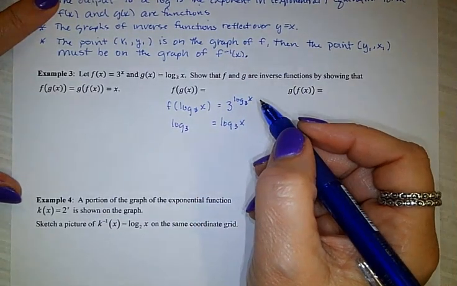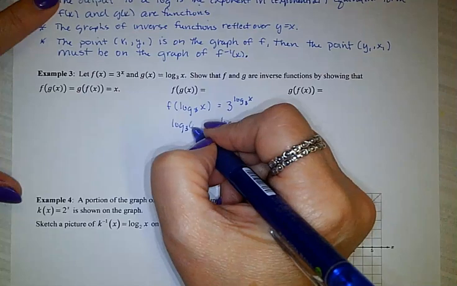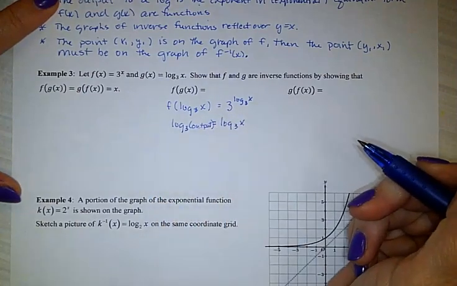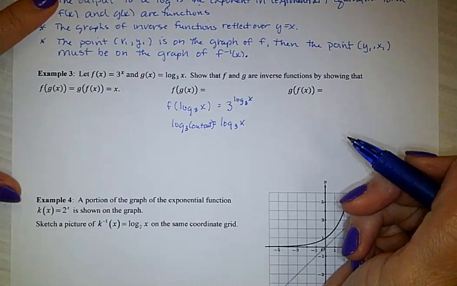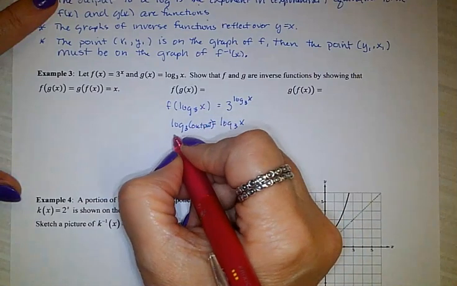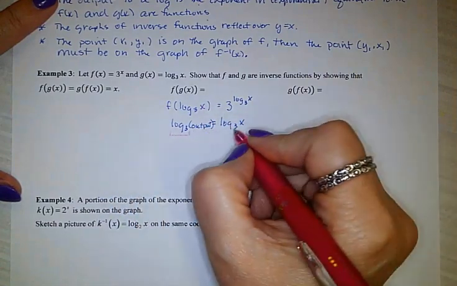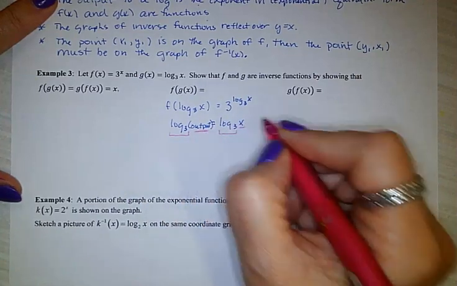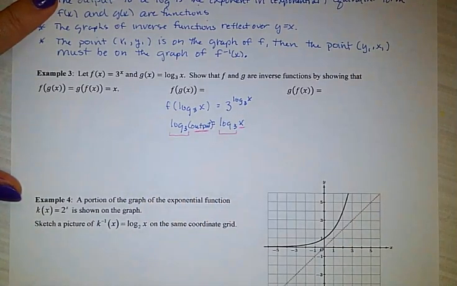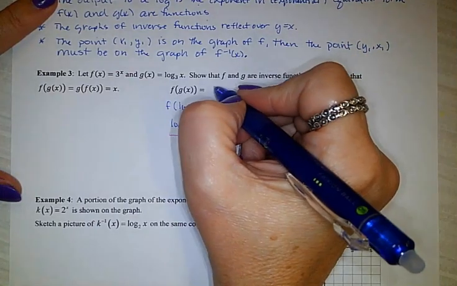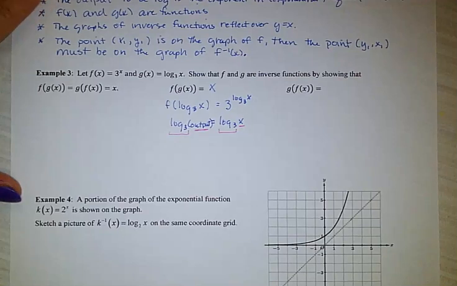So that means that I need to know the output, because that's my argument, right? The output to an exponent is the argument. So then according to the property of equality, if this is log base 3 and this is log base 3, then this output should equal whatever x is. So in this case, the output equals what? The actual x. All right, so that's how we're going to tackle that.